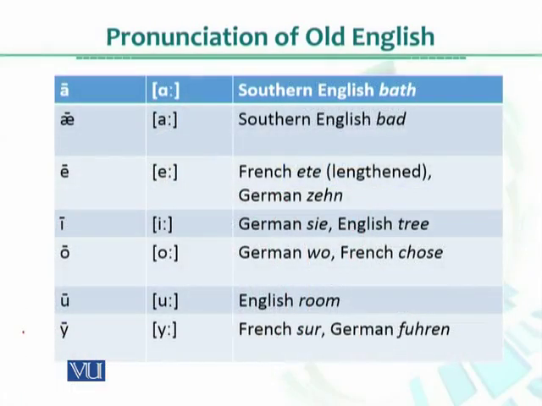Here, if you look at the slide that is shown to you, you can notice that certain vowel sounds are represented. I would like you to notice, for example, this one. This sound, A. Well, in Southern English, this is pronounced as in bad, A sound.